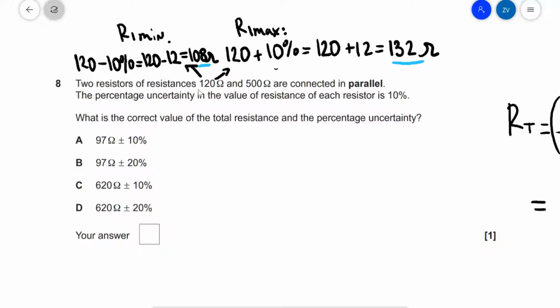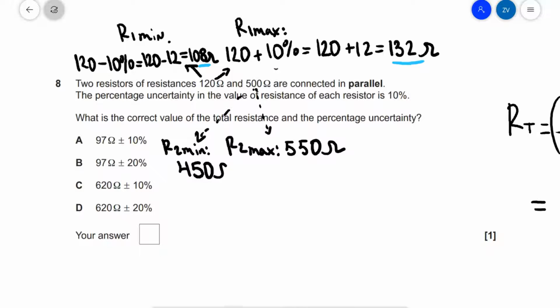We can follow exactly the same logic over here, and we can calculate 10% of 500, which is 50, which means that our R2 max value is going to be 550 ohms, and our R2 minimum value will be equal to 450 ohms.